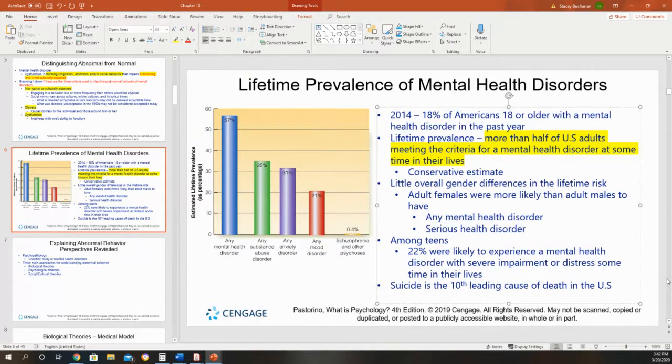That's a conservative estimate. There's little gender difference over lifetime risk. So between males and females, it's about half for both. But adult females were more likely to be diagnosed with any mental disorder or a serious mental disorder. That's because on average, women go to the doctor more than men. So that would make sense.